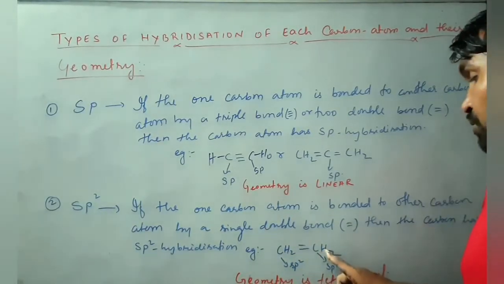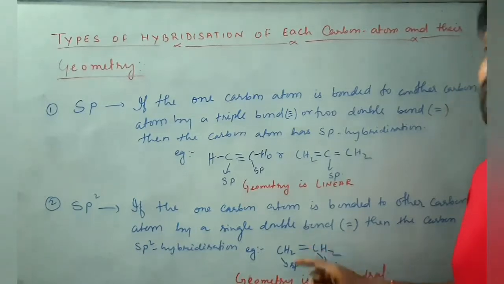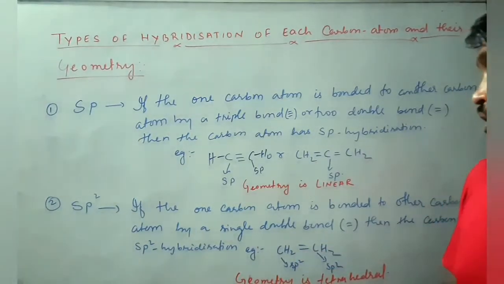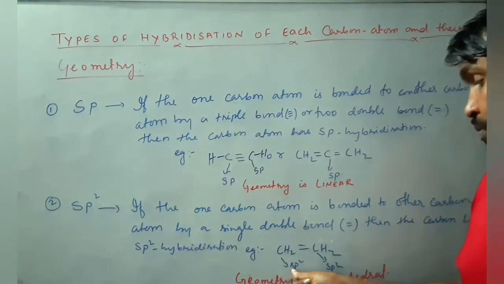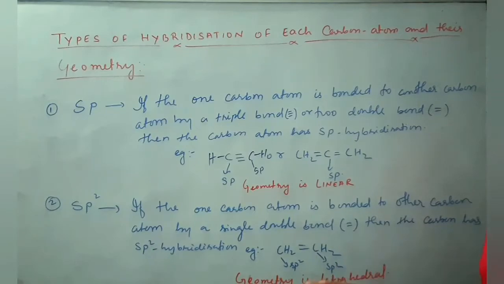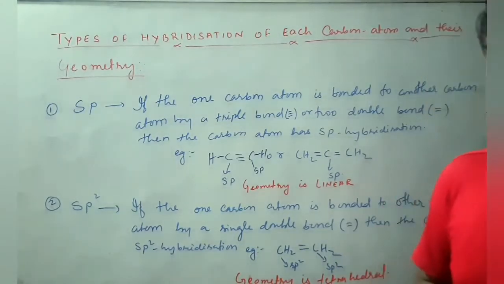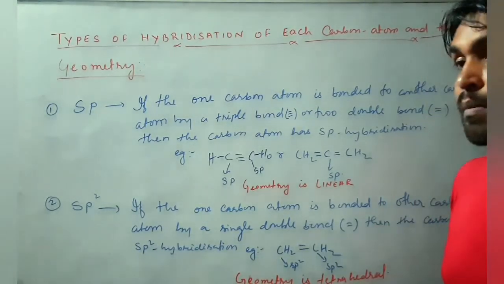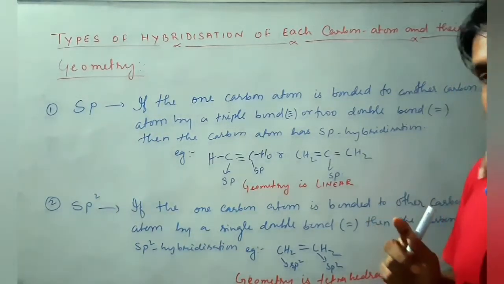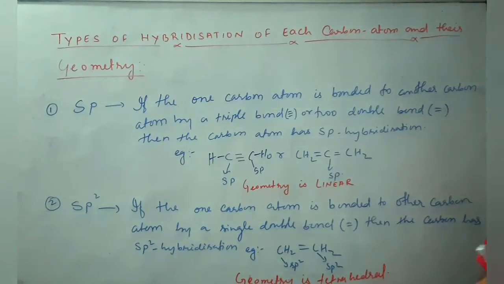One. This carbon atom is also attached to how many double bonds? One. They are attached to one double bond, so the hybridization will be sp2. Got it or not? If a carbon atom is attached to a minimum of one double bond, then the hybridization will be sp2.